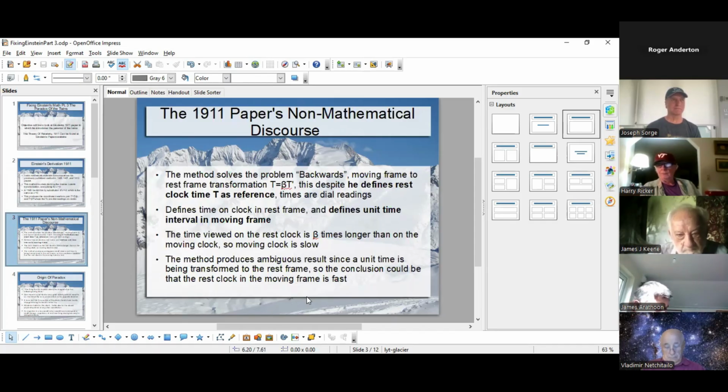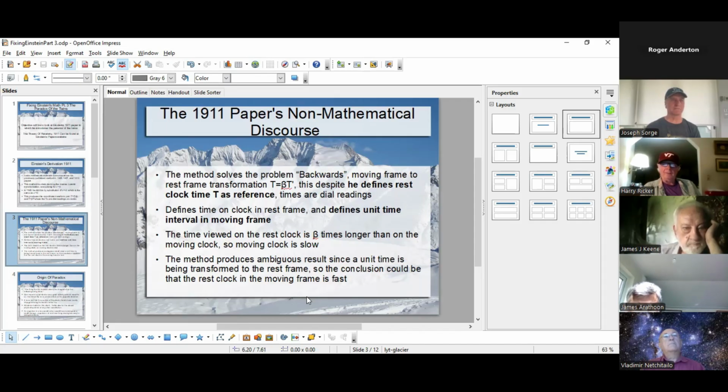So your reference clock is in the rest frame and you're looking at the clock supposedly in the moving frame, and ascertaining that the moving 1 second in the moving frame equals beta seconds in the rest frame. And so the moving frame clock is slow. Okay.